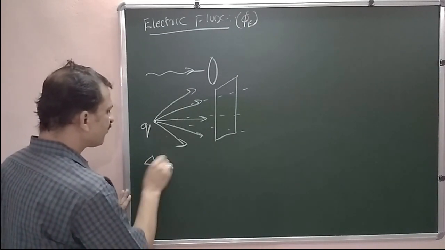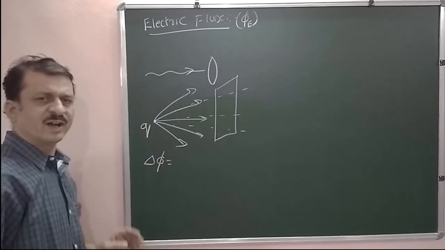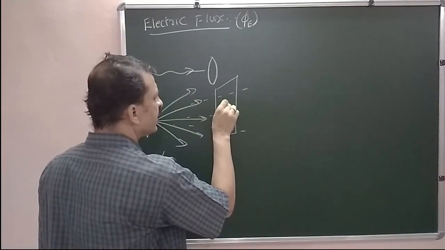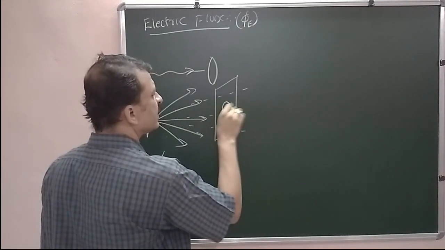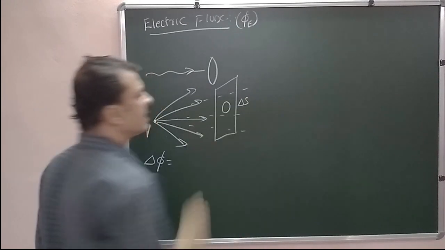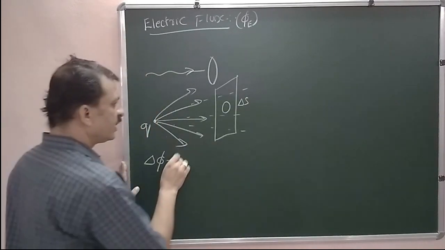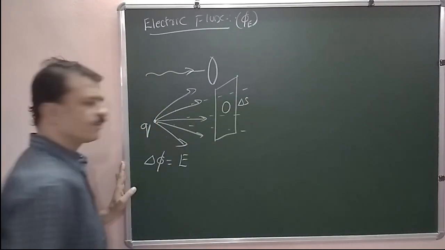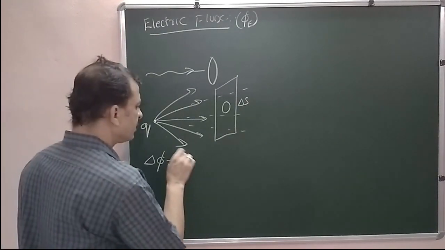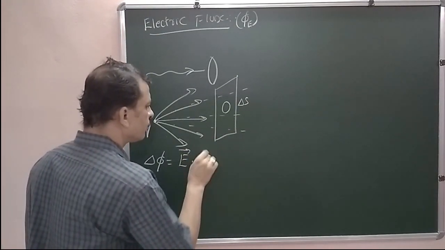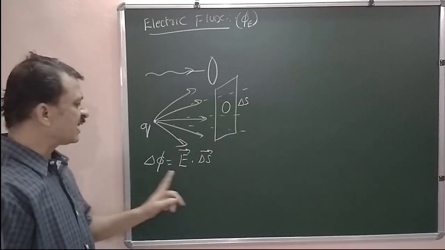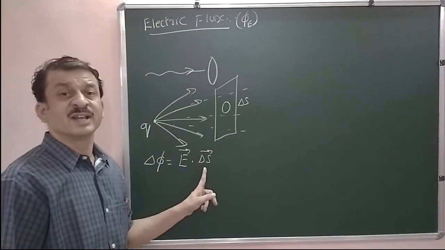Therefore, the electric flux through a small area, if I consider a small area delta S in this region, is given by the dot product of the electric field vector E and the area vector.